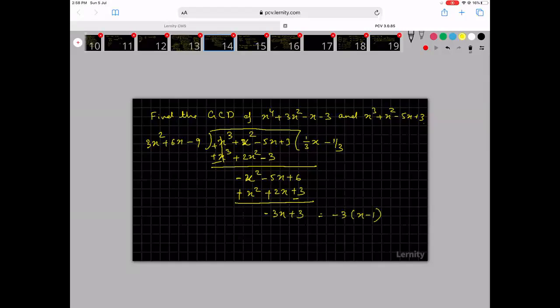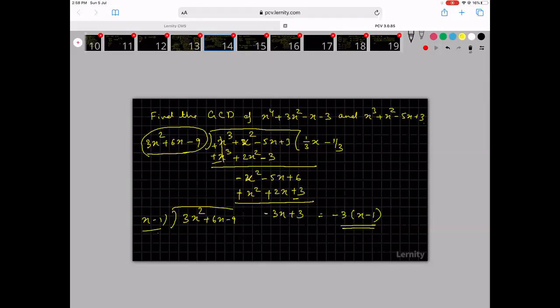Yeah, now understand that this can divide this, right? So you have to keep taking it till that step, this is where we made the mistake. So 3x square plus 6x minus 9 is divisible by x minus 1. Okay, now because it is divisible by x minus 1, this is going to be the factor of the given polynomial.